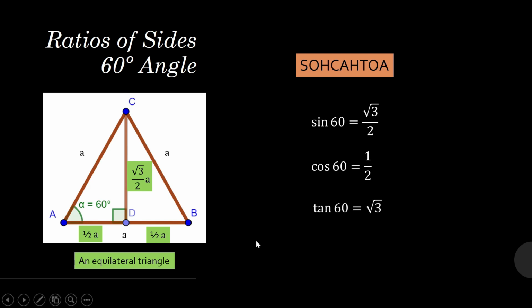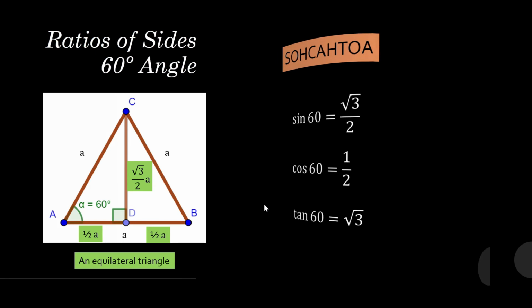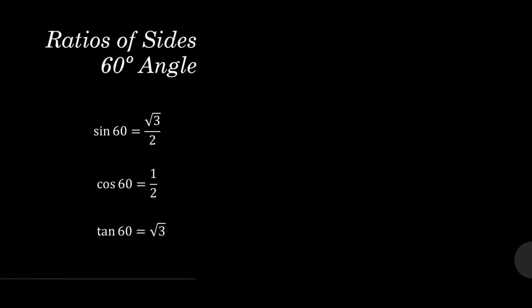Now, there is another set of trigonometric ratios. These are the reciprocals of the sine, cosine, and tangent functions. So for sine, the reciprocal of sine is cosecant. Okay, so how did cosecant of 60 degrees become 2 times the square root of 3 over 3?